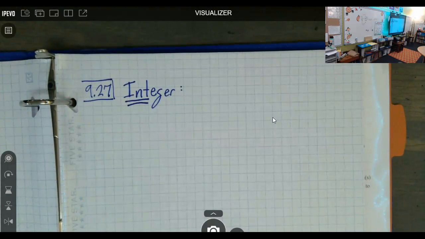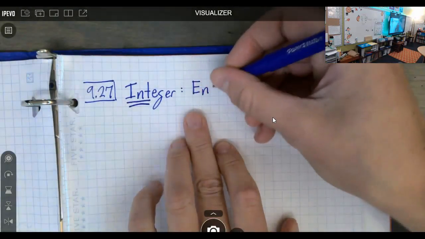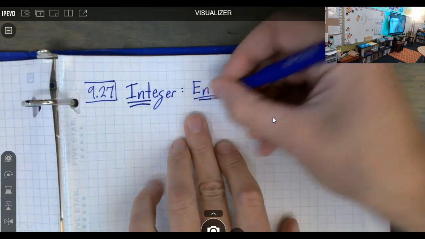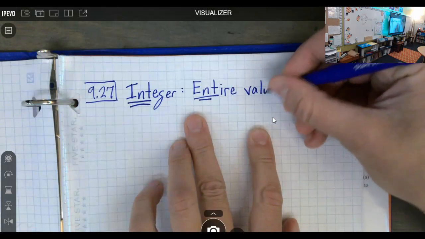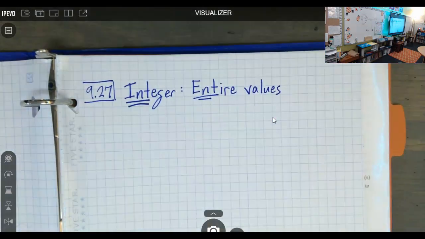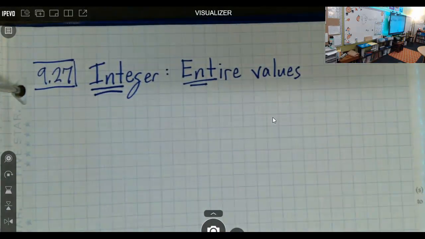Integers. The easiest way to define them, not int, but ent. They are entire values. Positive, negative, 0, all of those are fine to be integers, but no partial numbers.